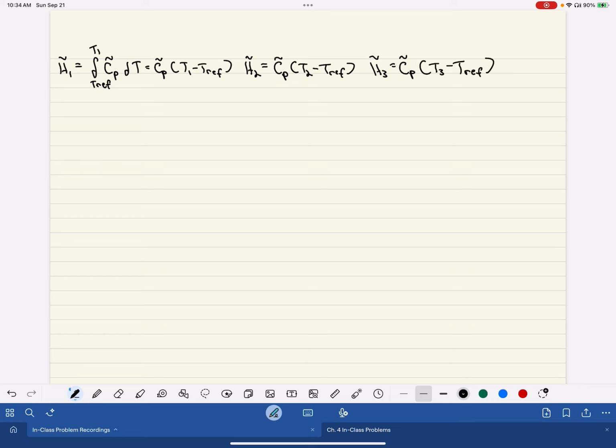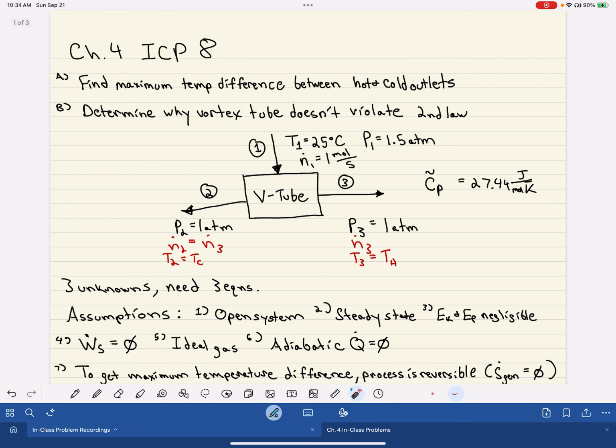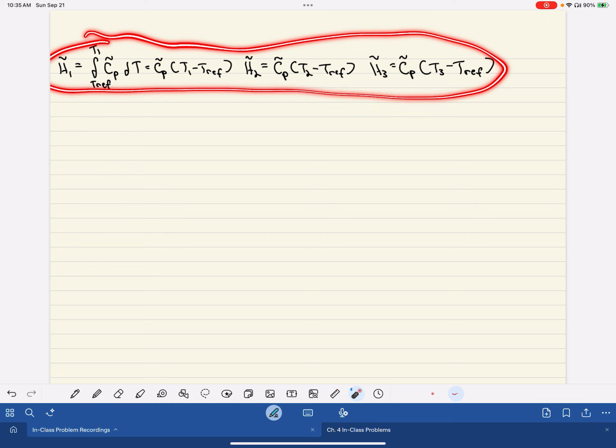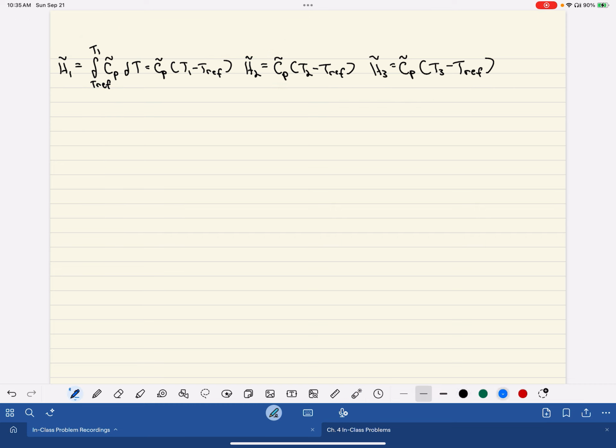All right, so we have all our enthalpies. One thing I want to point out here: when it comes to the enthalpies, we're accounting for differences in temperatures. But remember, in this problem statement, the ideal gas is entering at 1.5 atm and leaving at 1 atm. There's nothing in our enthalpy calculation that involves pressure.